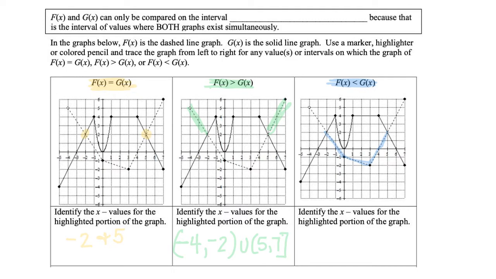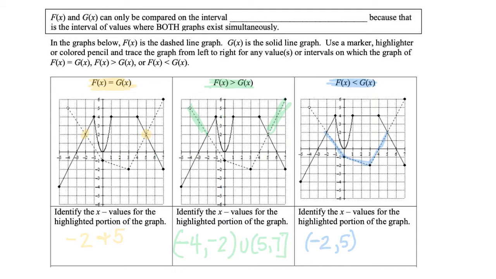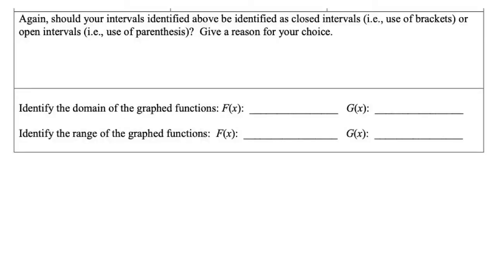So that's going to be from -2, and it's going to be parentheses, -2 all the way to 5. So there are great examples of where we're equal to, where we're intersecting, where we're above, and where we're below.